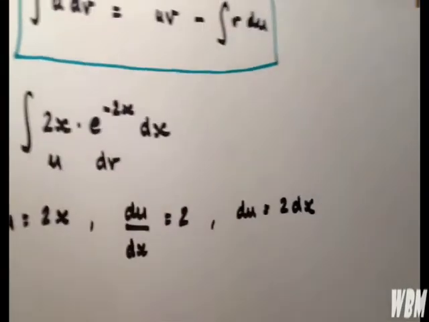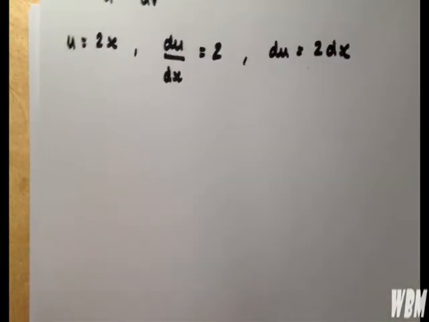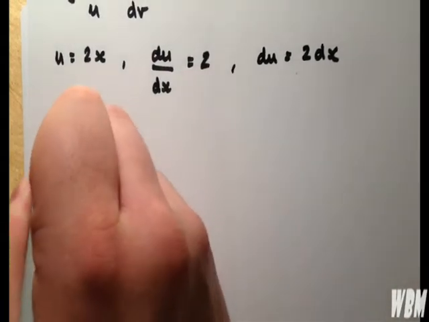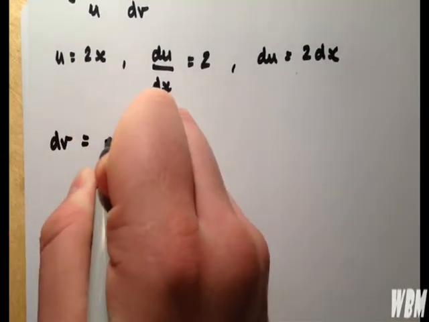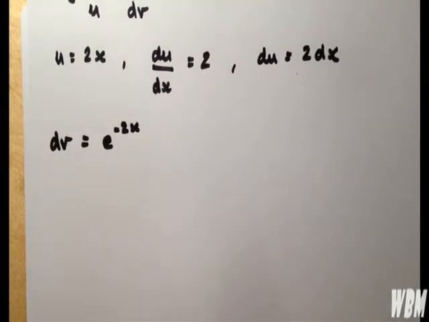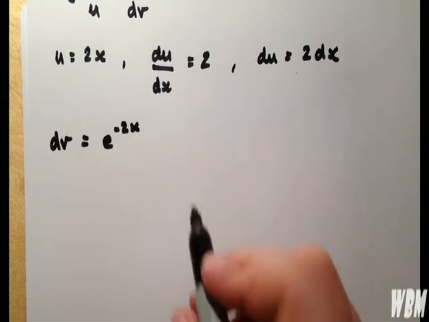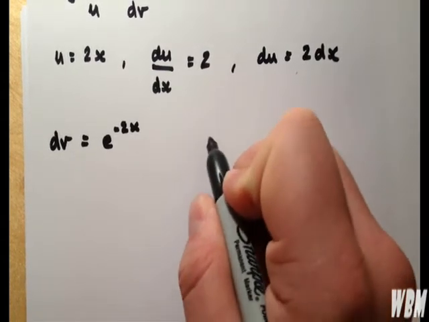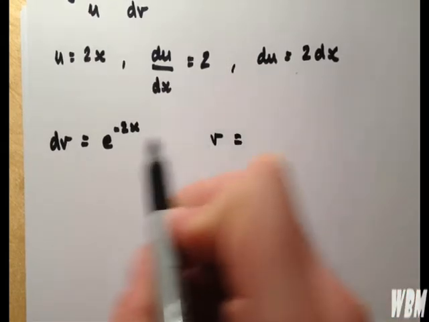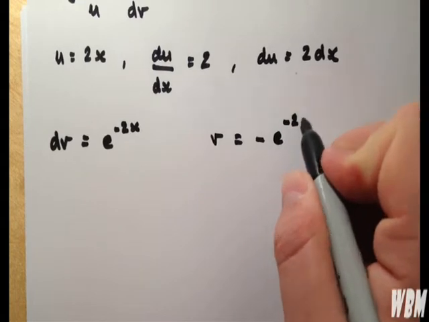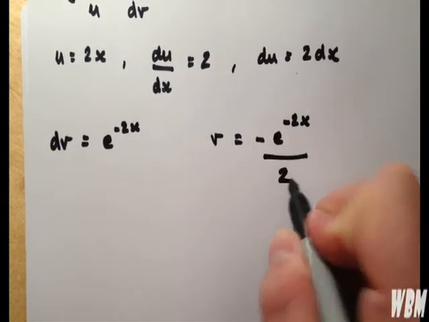Now, the other work that we have to do is regarding our dv term, which we chose to be e to the minus 2x. Now, if we want to integrate dv, we end up with v equals minus e to the minus 2x over 2.